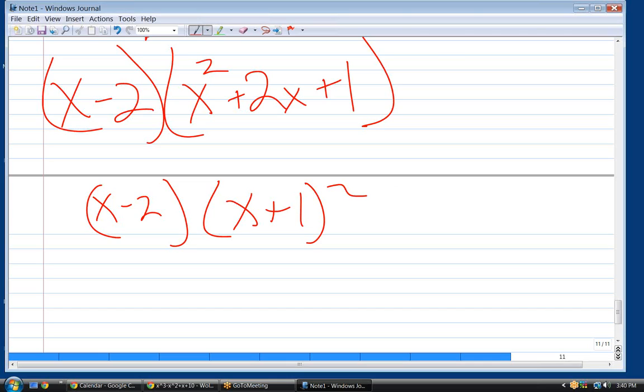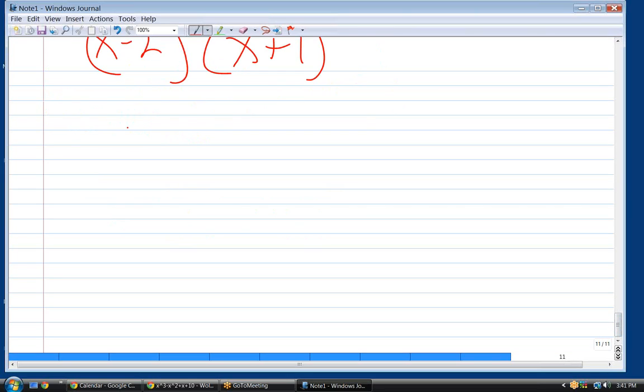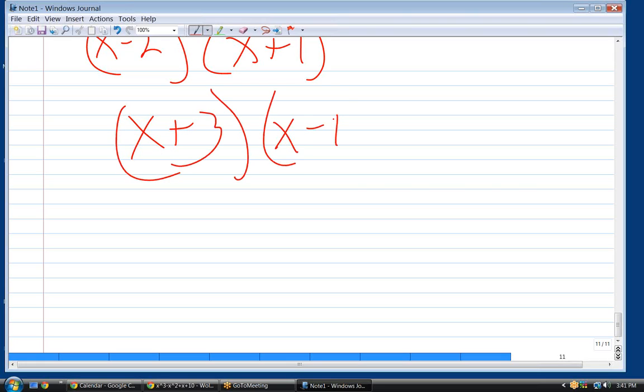I would say x plus 3, x minus 1, and x minus 4. Yeah, that really looks like it goes through like 3.4. Oh, yeah. So that last 0 is probably not rational. It looks like it would be irrational.